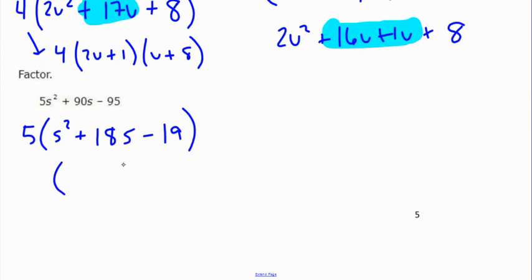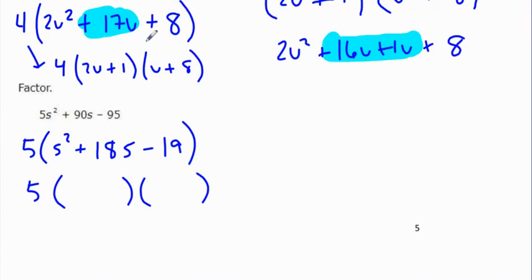So if I look here, I can just bring my 5 down. And the reason I can just write it down a little bit quicker here than I did on this problem above is my coefficient here is now 1, like the last video we viewed. So I know that here and here just gives me s. I don't really have to go trial and error for this one because that leading coefficient is 1.